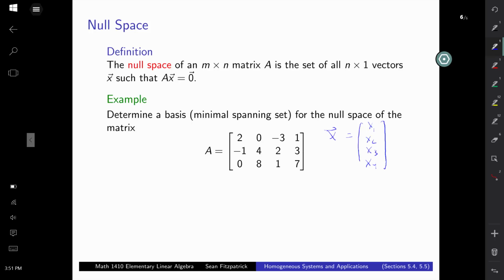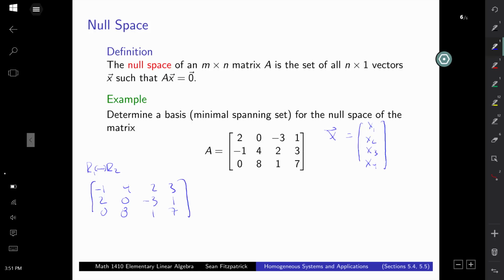So we know how to solve this. We set up our augmented matrix and reduce. In fact, we'd have zeros on the right-hand side, so it's enough to reduce A. Probably the first thing I'm going to do is swap row 1 with row 2: minus 1, 4, 2, 3, then 2, 0, minus 3, 1, then 0, 8, 1, 7.